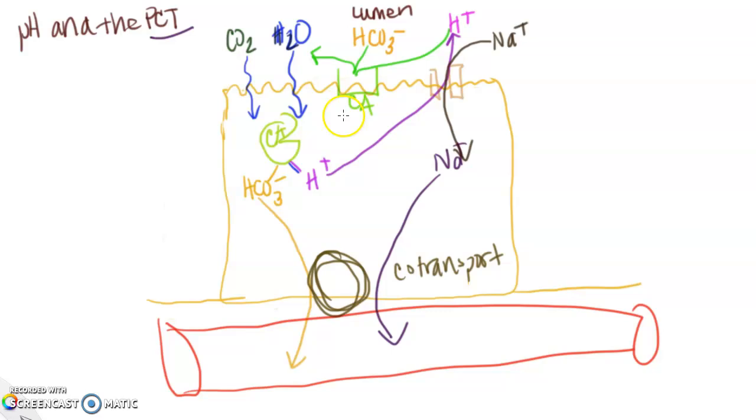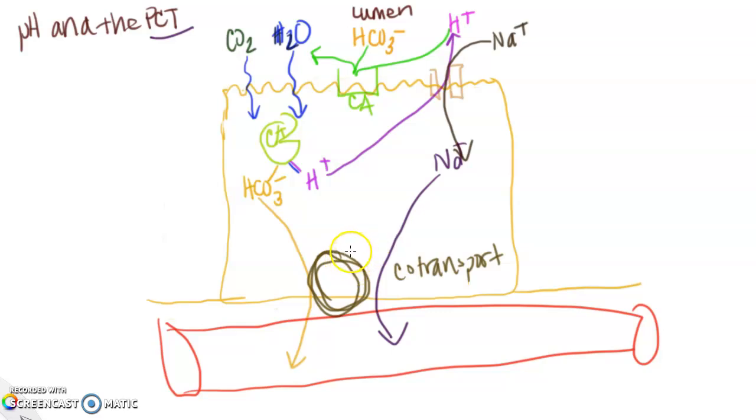So there's not really any, oh, we're too acidic, so we're bringing in the bicarbonate to make the blood more basic. But that's not really what's happening. We're just reabsorbing bicarbonate here, basically.